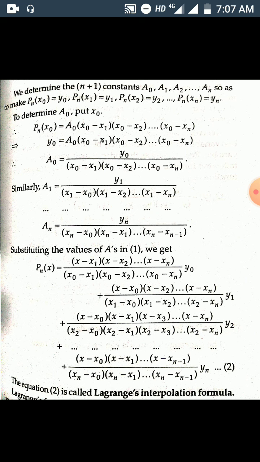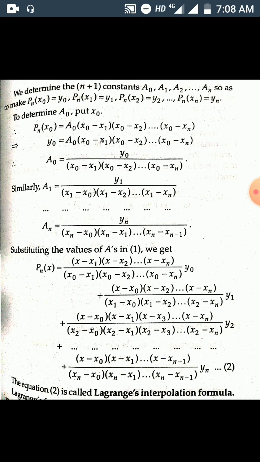Substituting these values of a in equation 1, we get Pn(x) equal to (x minus x1)(x minus x2)...(x minus xn) divided by (x0 minus x1)(x0 minus x2)...(x0 minus xn) times y0, plus (x minus x0)(x minus x2)...(x minus xn) divided by (x1 minus x0)(x1 minus x2)...(x1 minus xn) times y1, plus (x minus x0)(x minus x1)(x minus x3)...(x minus xn) divided by (x2 minus x0)(x2 minus x1)(x2 minus x3)...(x2 minus xn) times y2, and so on.